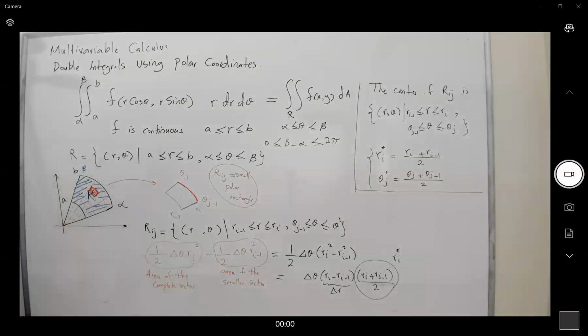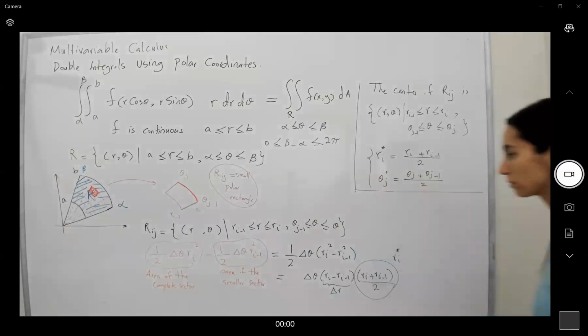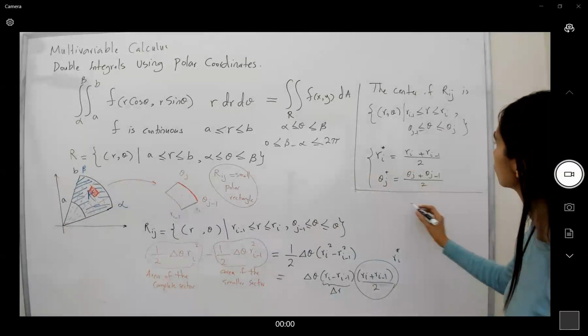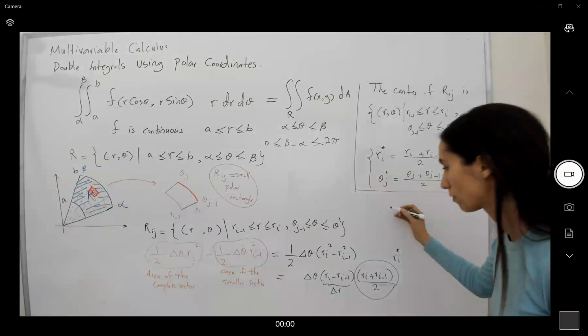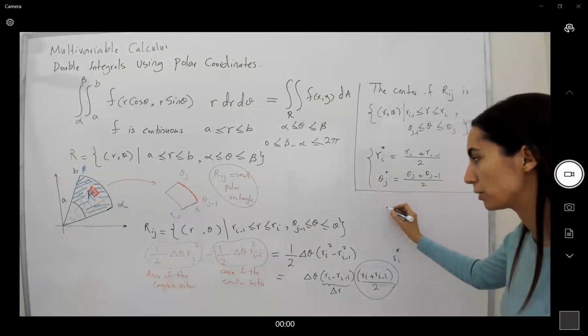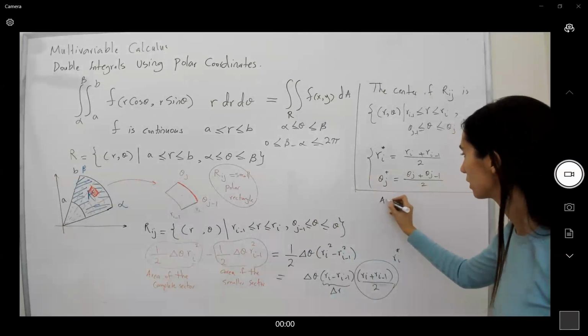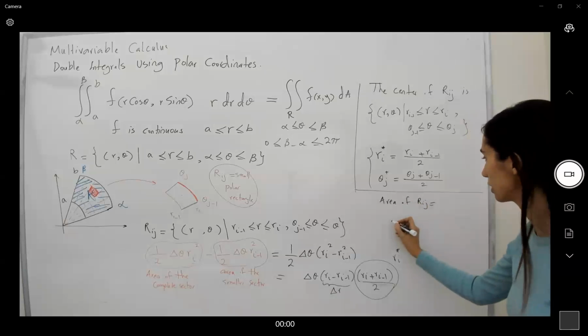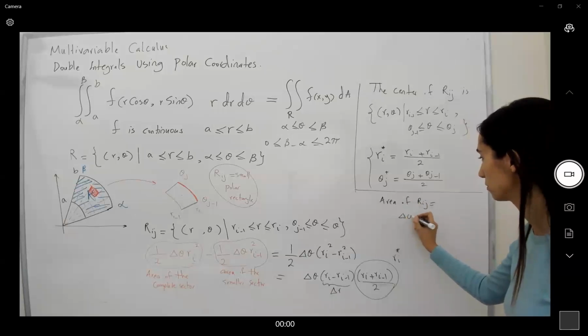So let's write this piece of information that we have here. The area of Rij is defined as Ri star delta R delta theta.